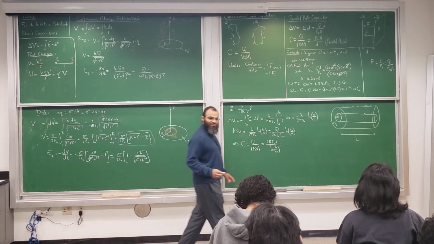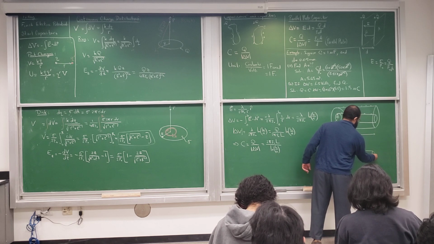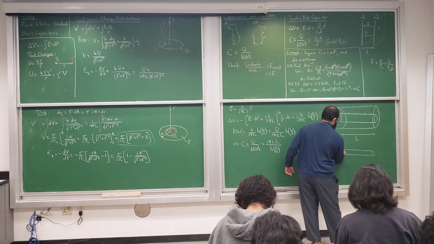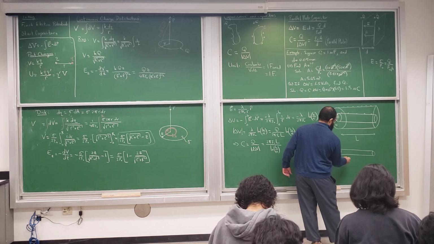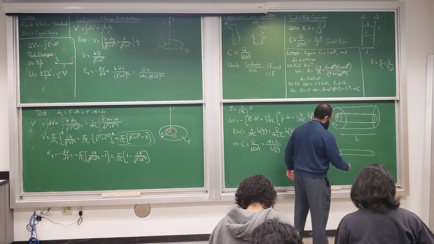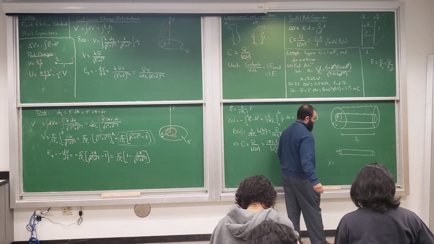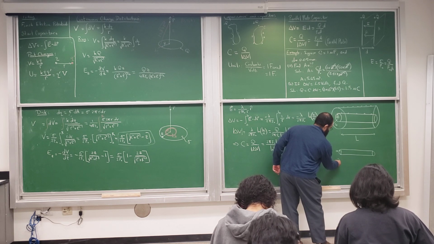I think I know what you're asking. This is A, and the length is L. So you can say rho is charge over volume.